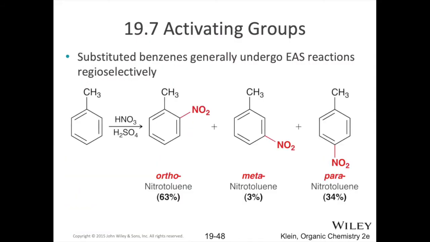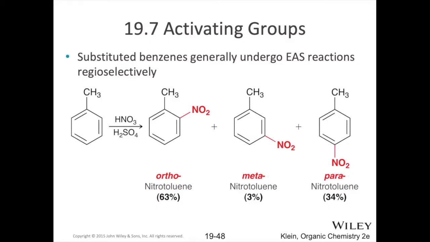In addition to making our reactions happen faster, these activating groups also control the regiochemistry, the regioselectivity of where the incoming substituents go. All right, so for example, I pointed out that in toluene, that methyl group is an activating group, right? Like all alkyl groups, it's activating.